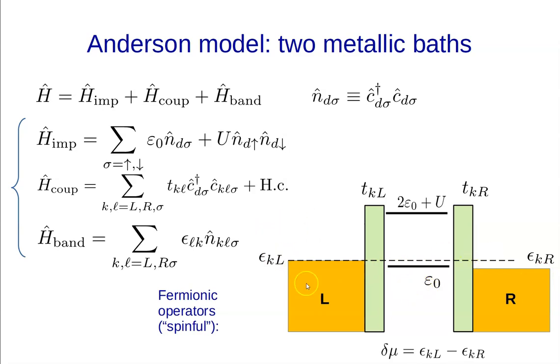Okay. Now notice that the free Hamiltonians for these baths only involve the number operators on each bath, at either left or right for a given spin sigma. So there are three indices here: k for the state, L whether this is left or right, and sigma is the spin.